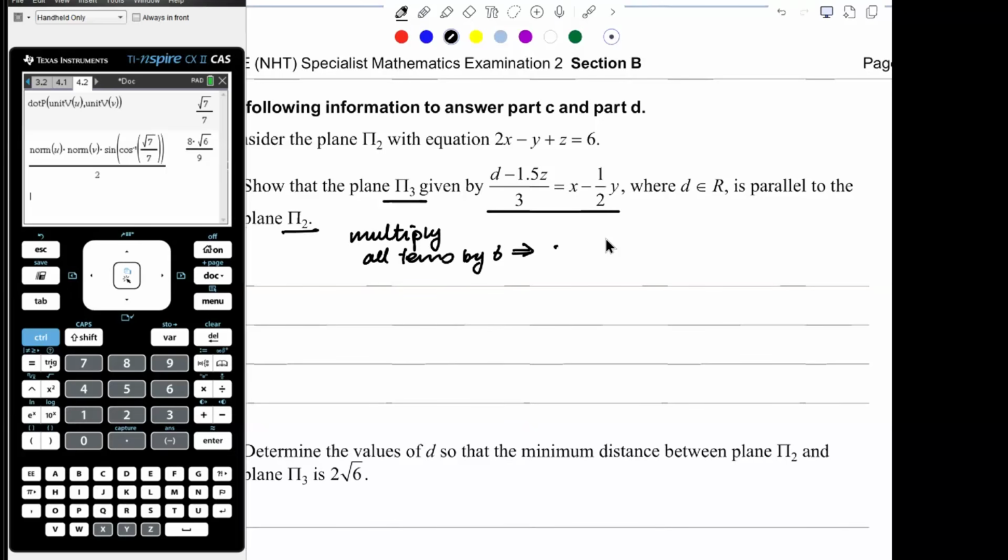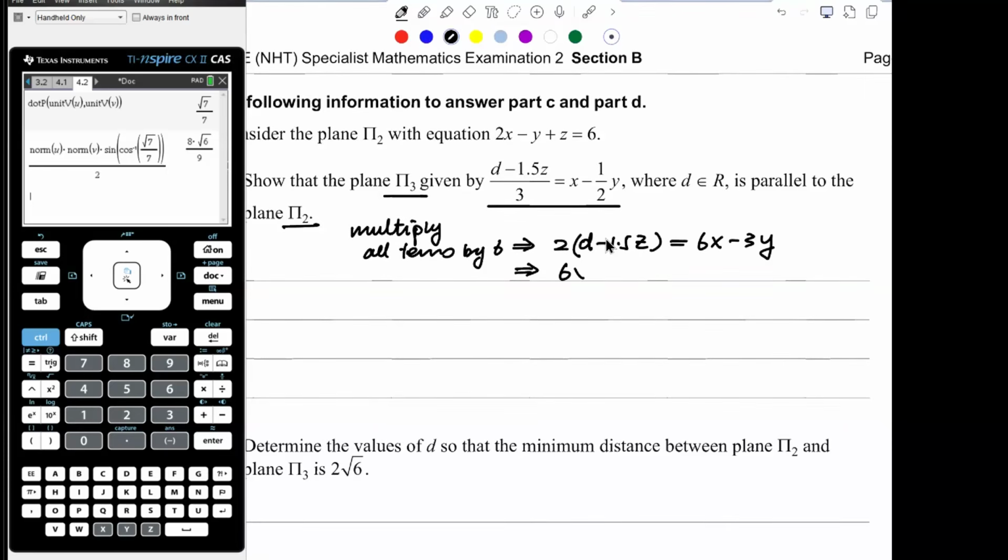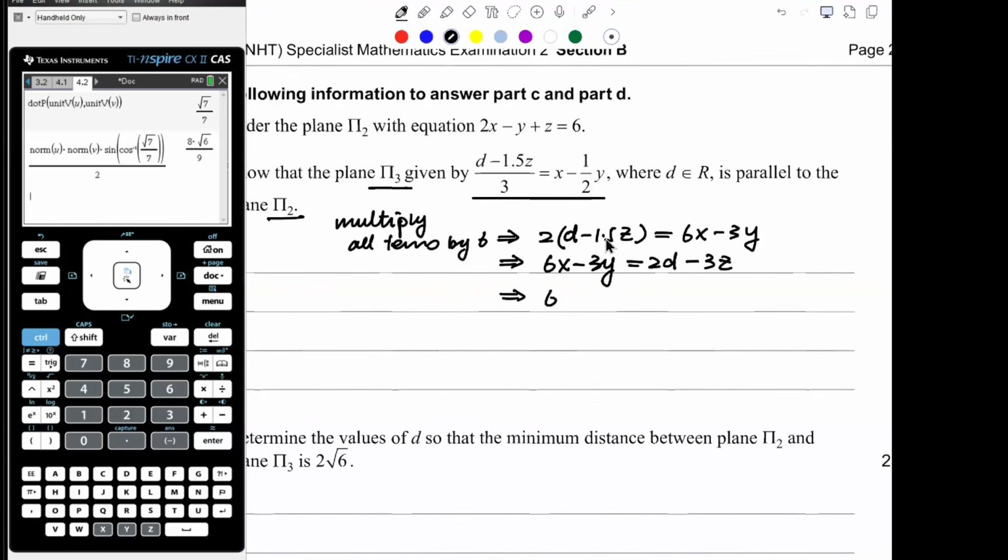This will give you 2 lots of d minus 1.5z equals 6x minus 3y. So that will give you 6x minus 3y equals 2d minus 3z. Therefore, you get 6x minus 3y plus 3z equals 2d.